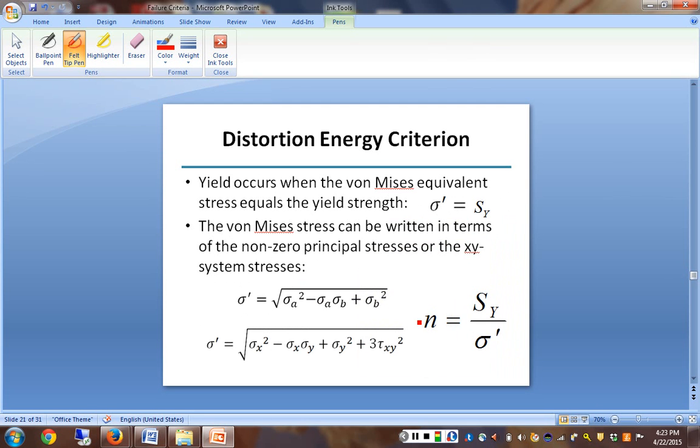So how do we do the math? We need this von Mises equivalent stress. We can calculate the von Mises equivalent stress either by using, what are these guys, principal stresses direct from Mohr's circle, or we can use these guys. What are those guys?